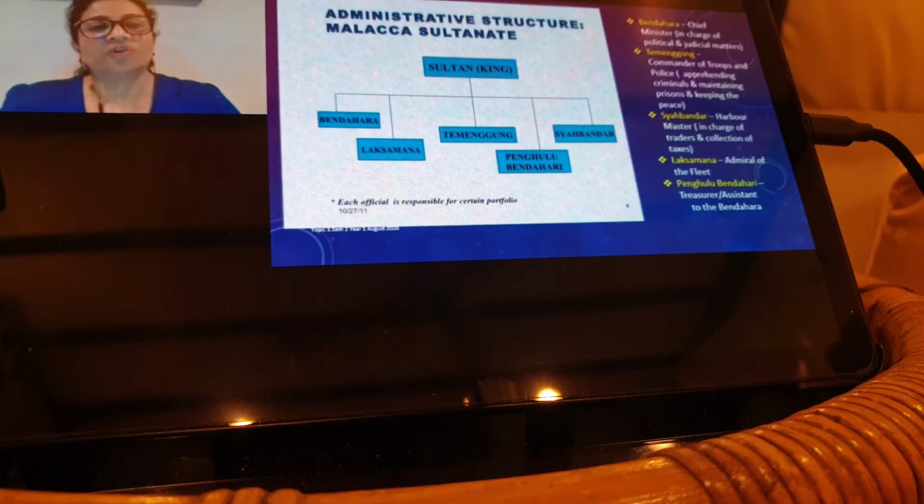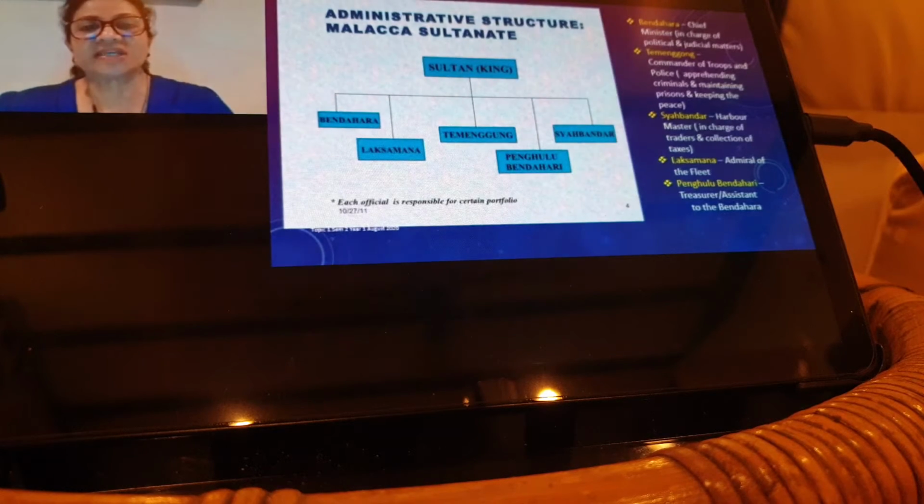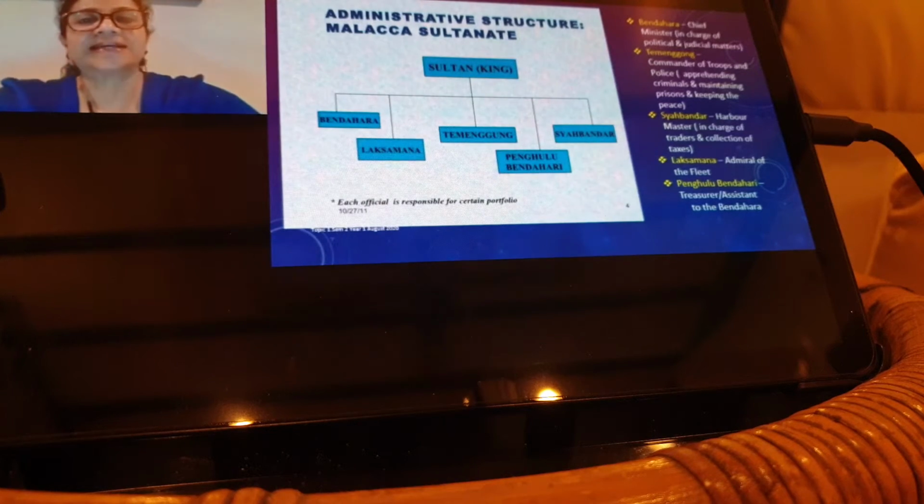So you find that there was an administrative structure that was put in place by the Malacca Sultanate at that point of time. This little chart here shows the hierarchy of the administrative structure under the Malacca Sultanate.